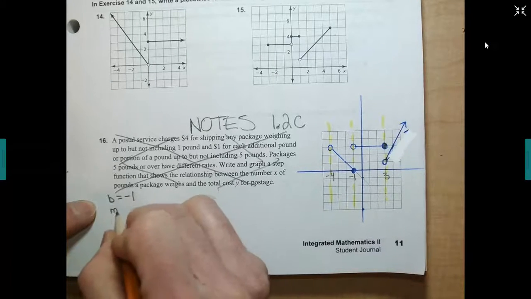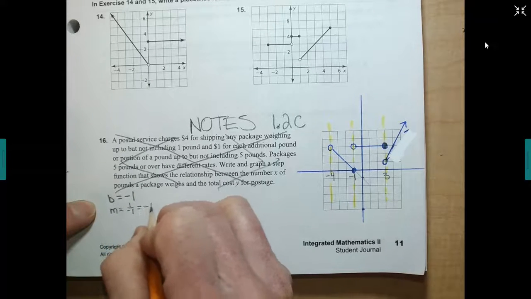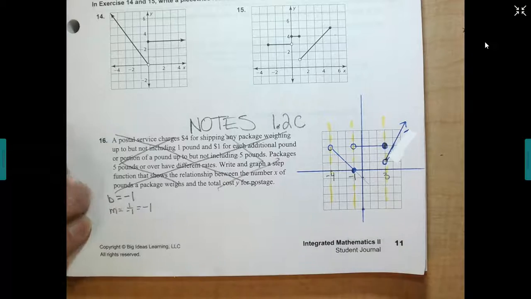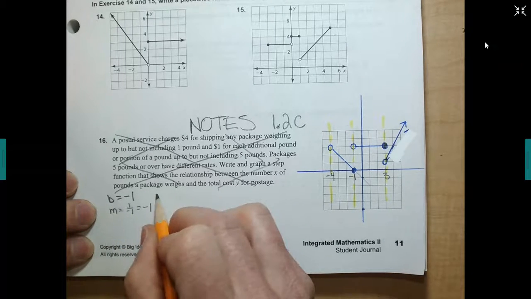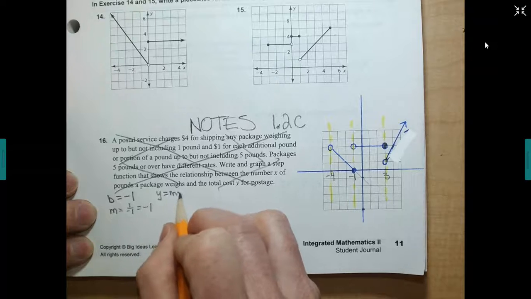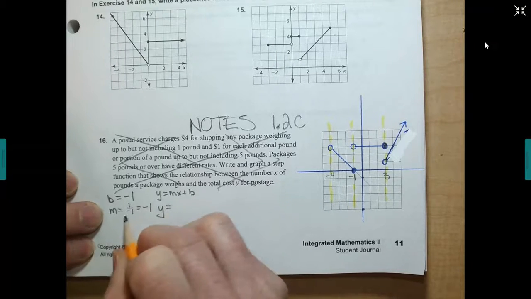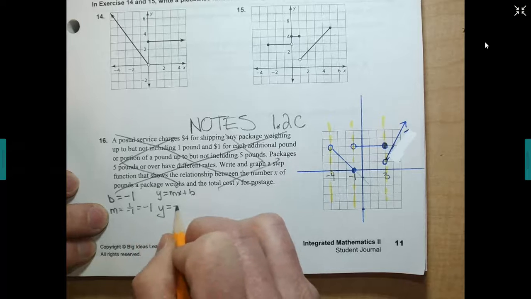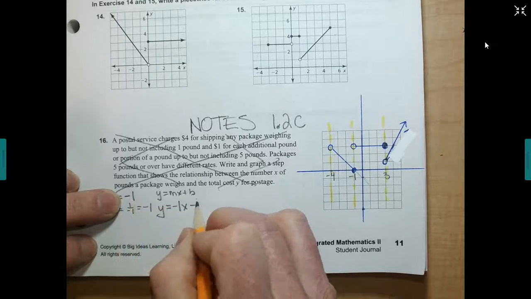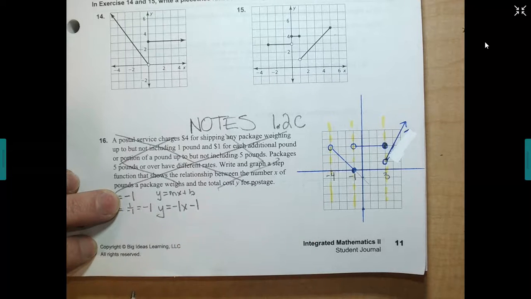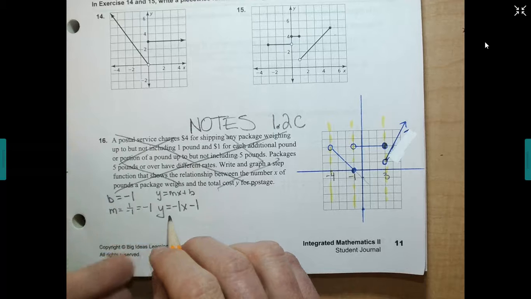So I have a slope of -1. The way I write that, I write it in y equals mx plus b. So I have y equals m, which is -1, x plus -1. So there's my equation for number 1.